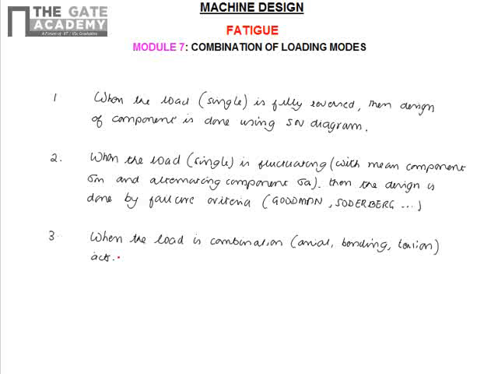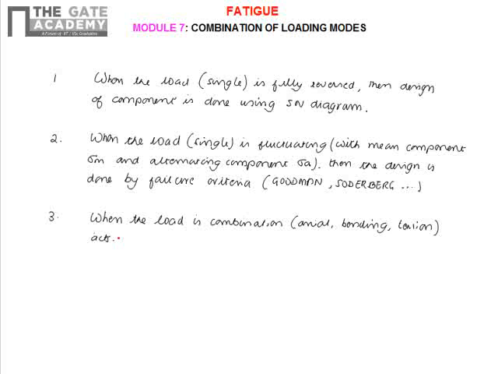Now in such cases where we have a combination of loading modes, what we do is we generate two kinds of stress elements. One for the alternating stress or variable stress, and one for the mid-range stress or the mean stress.